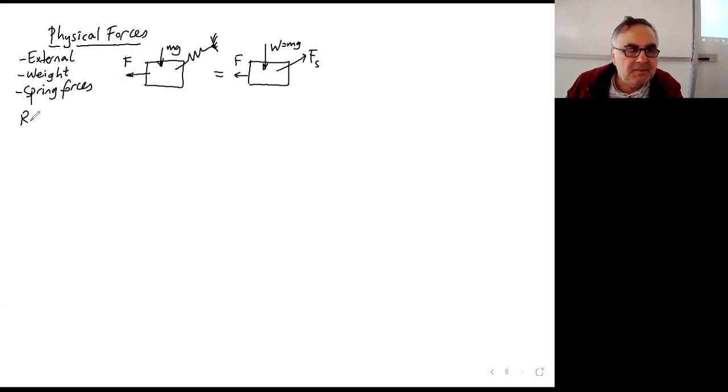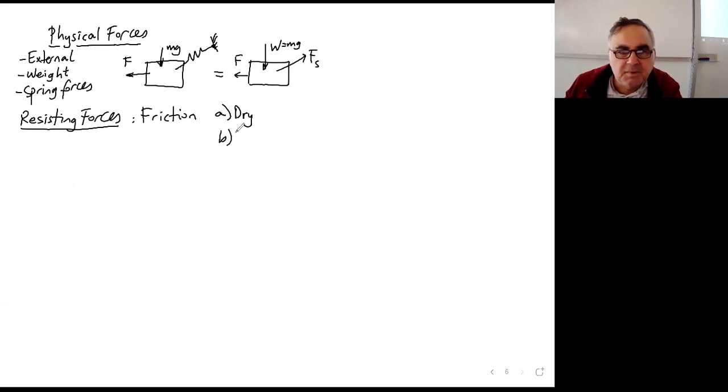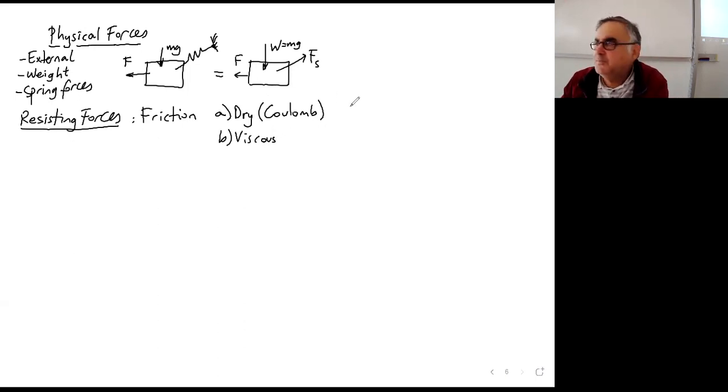And the resisting forces, as we have said, are the friction forces, which can be dry friction, the viscous friction, and the Coulomb friction.